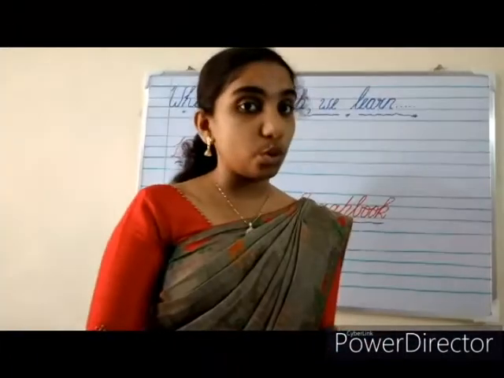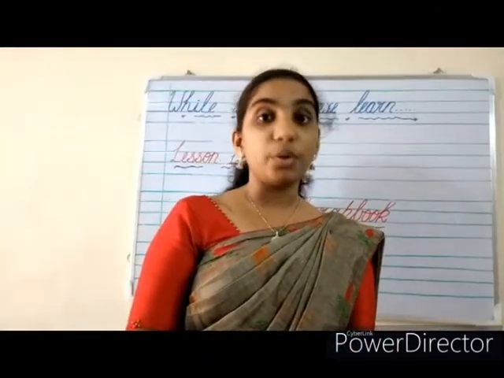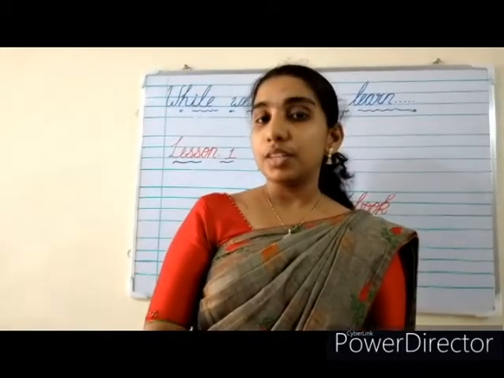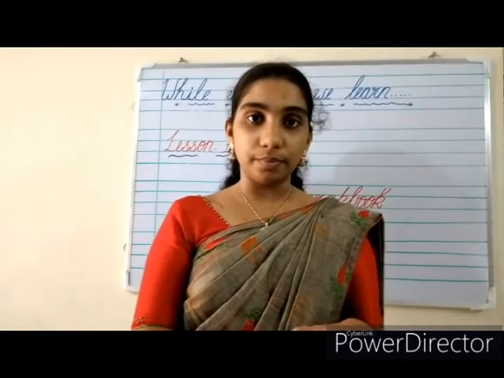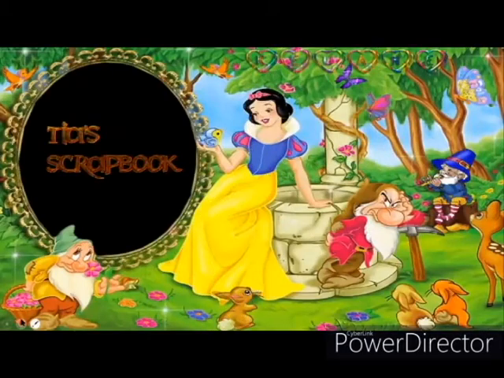I think that you saw the video and got to know about naming words, right? So can we do some textual exercises? Let's start. I think that everyone is ready with your textbook, and our chapter's title is Tia's Scrapbook. Let's do the first activity.